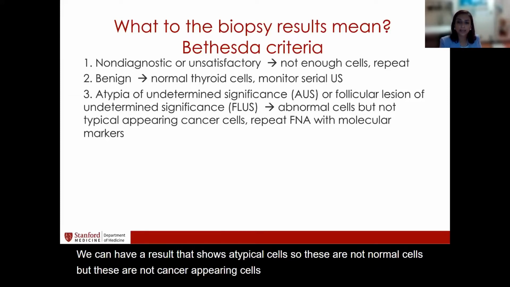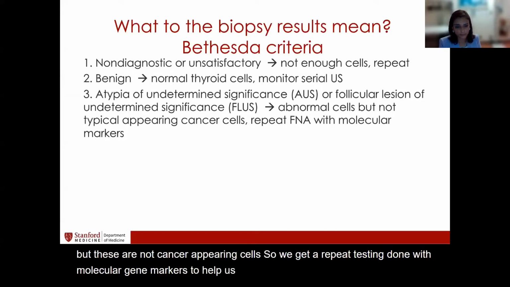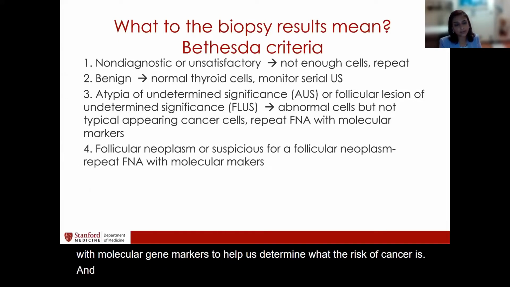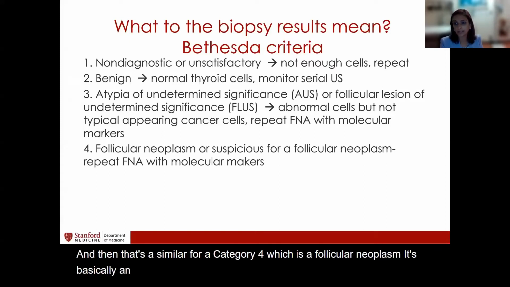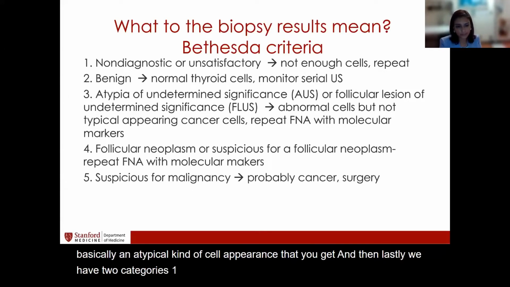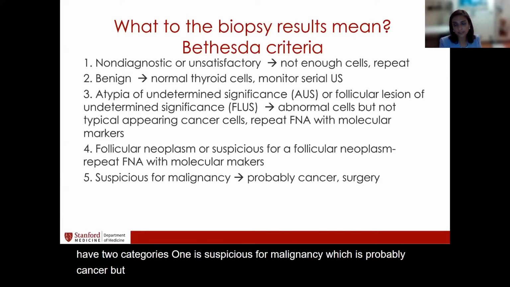So we get repeat testing done with molecular gene markers to help us determine what the risk of cancer is. And that's similar for category 4, which is a follicular neoplasm, basically an atypical kind of cell appearance. And then lastly, we have 2 categories. One is suspicious for malignancy, which is probably cancer, but the risk of cancer is about 60 to 75%.